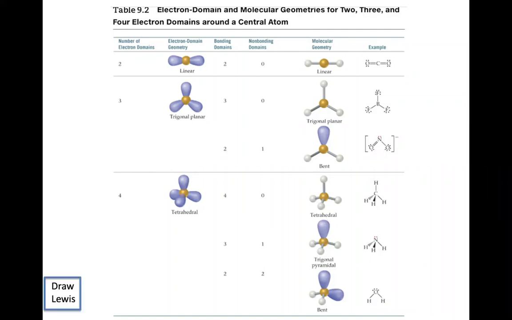For all of these, our strategy needs to be, we need to be able to first draw the Lewis structure, apply VSEPR, and be able to think about what the electron domain geometry is and the molecular geometry. We'd want to be able to name what the geometry is and think about then the bond angles. Estimate those in order to do rankings and comparisons.